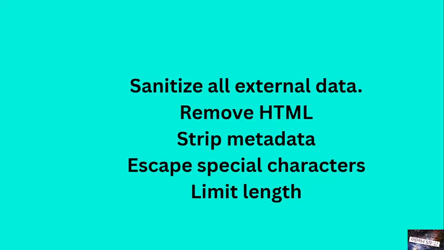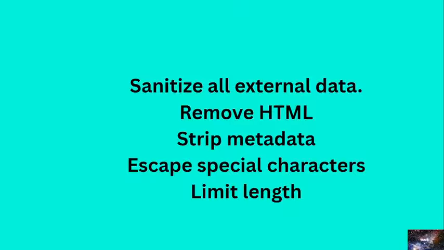Now, sanitize all external data. That has been the instruction for every technology that receives data from an external source, from users. Once you have user input, or maybe APIs and things like that that connect and supply data from external sources, they need to be sanitized.